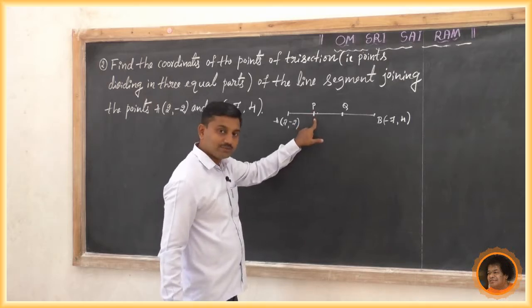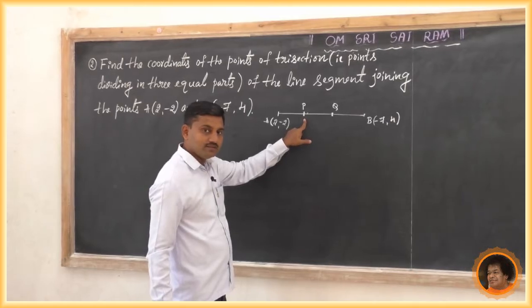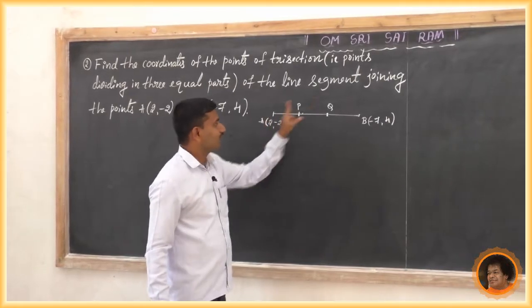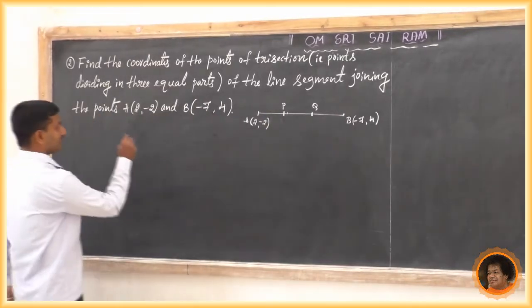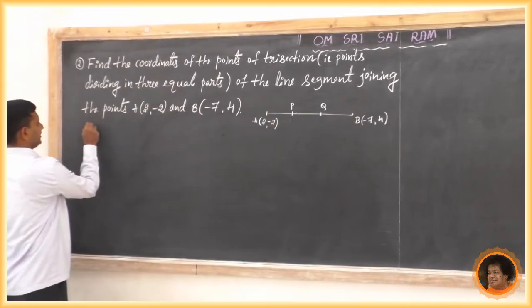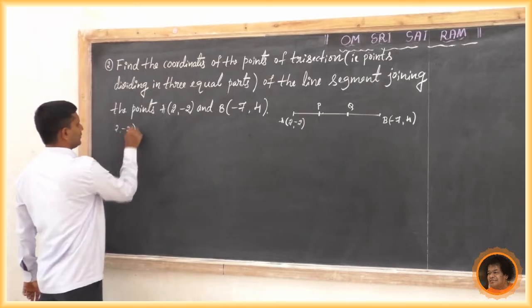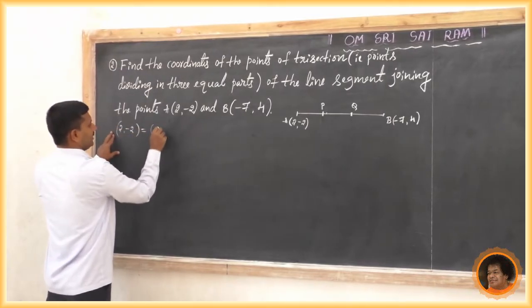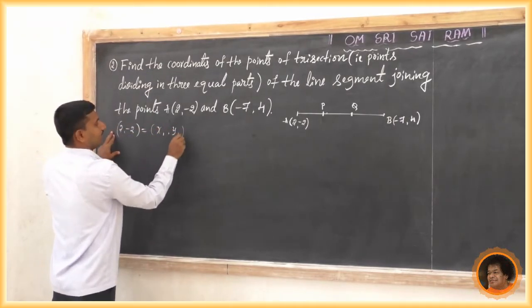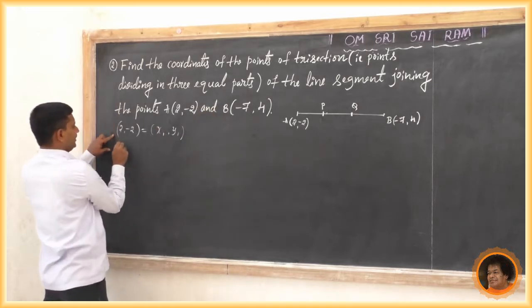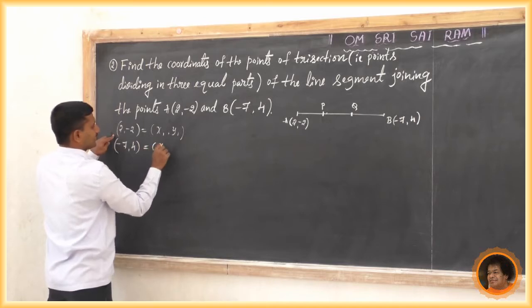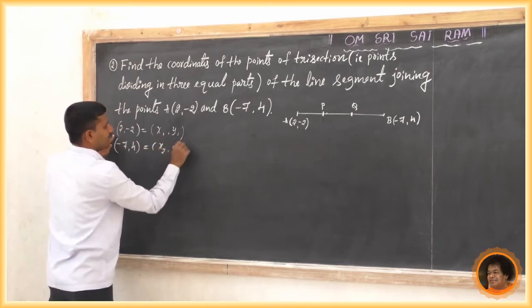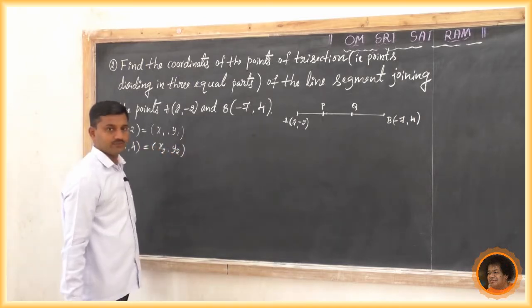How to find the coordinates of the point P? Let us consider the 2 coordinate points A and B, ratio 1:2 internally. So the coordinates of the point A are (2, -2), so consider x1, y1. And the second point is (-7, 4), so this is x2 and y2.